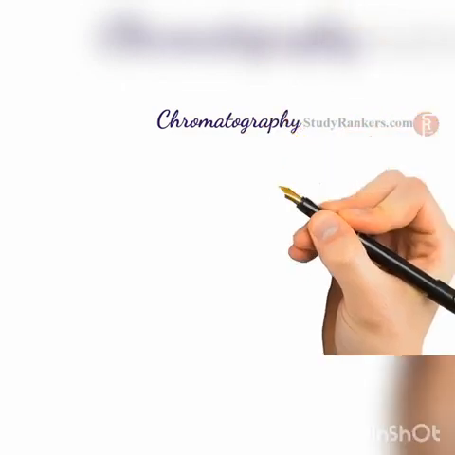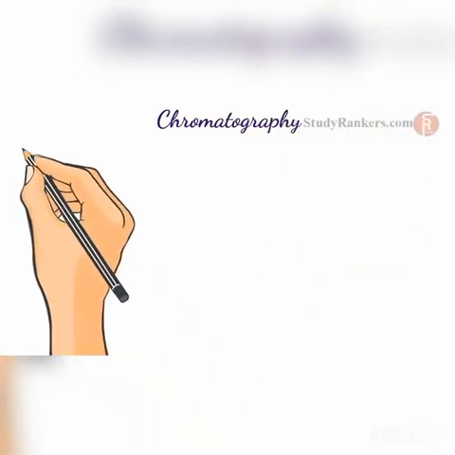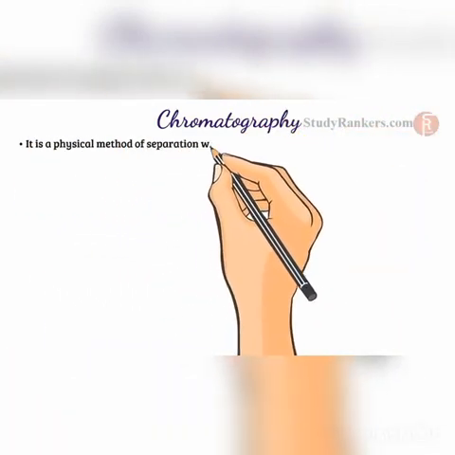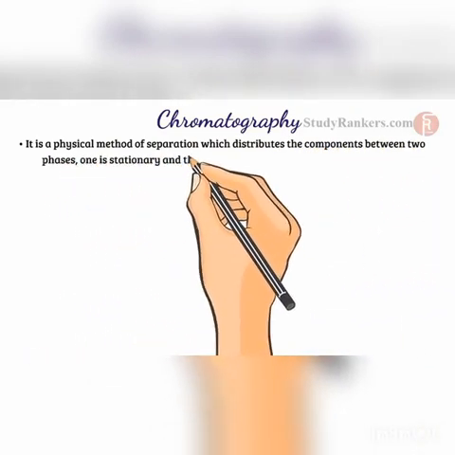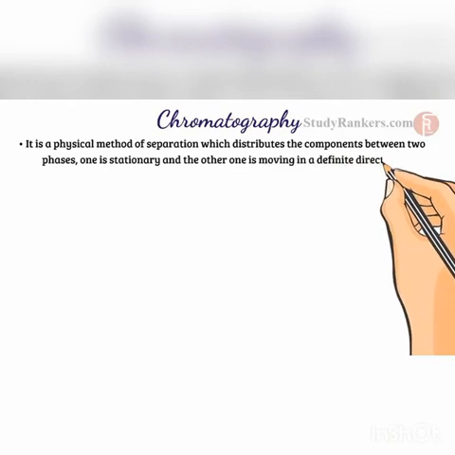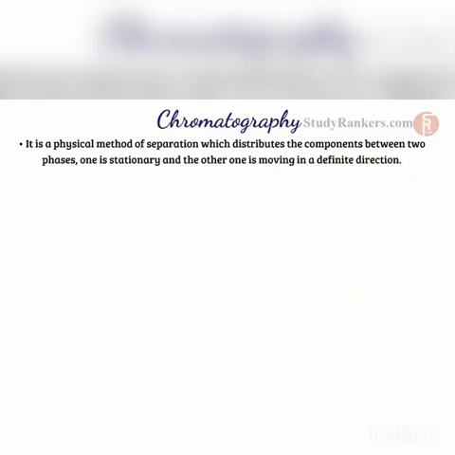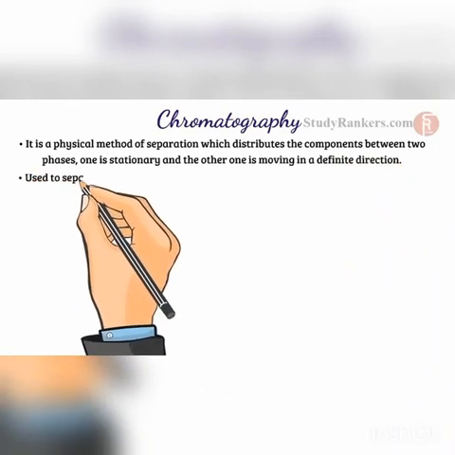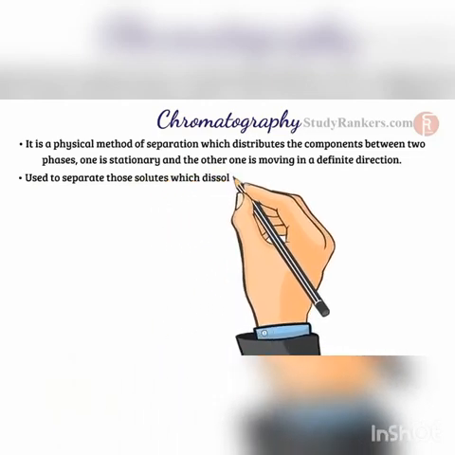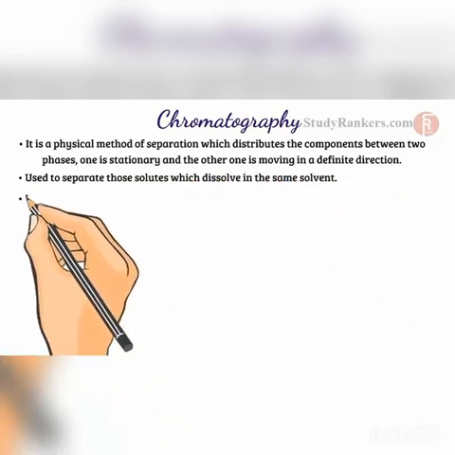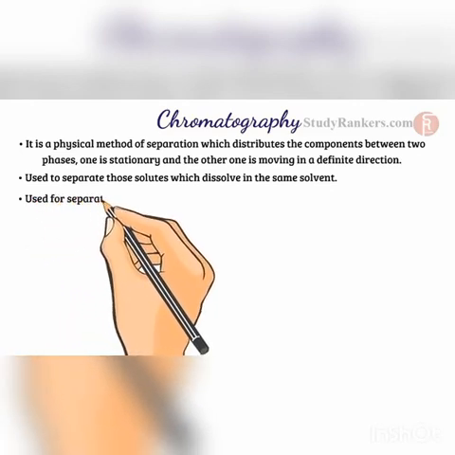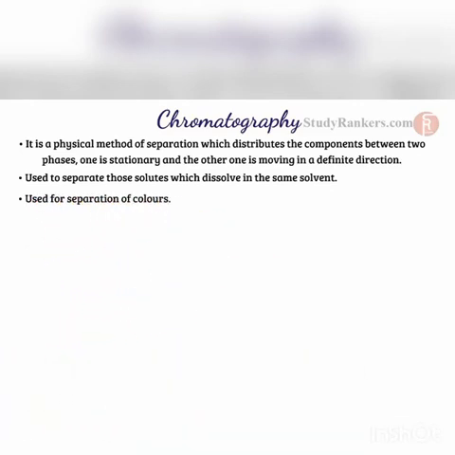The next process which we have to study is chromatography. It is a physical method of separation which distributes the components between two phases. One is stationary and the other one is moving in a definite direction for the separation.